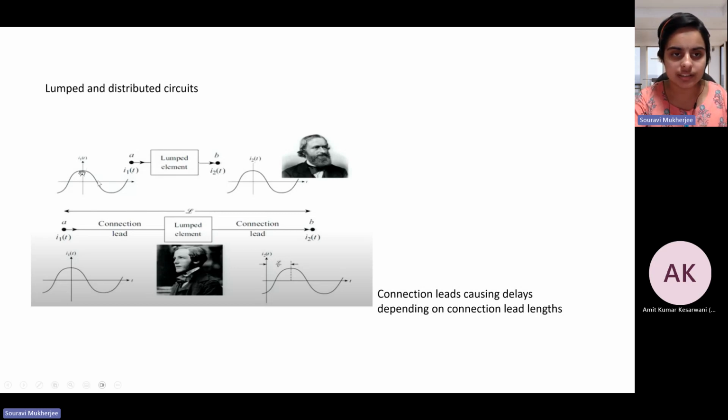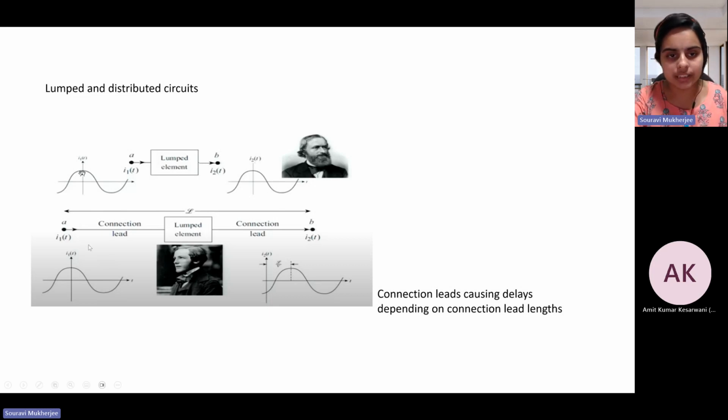Suppose this is the incident current, this is the reflected current, and this is the transmitted current that comes out from this element. There is not much change: the moment the signal is here, at the same time you see a similar signal at this end, right? This is what happens in our normal day-to-day circuits, the cases where we apply Kirchhoff's law and all that. So this is called a lumped circuit.